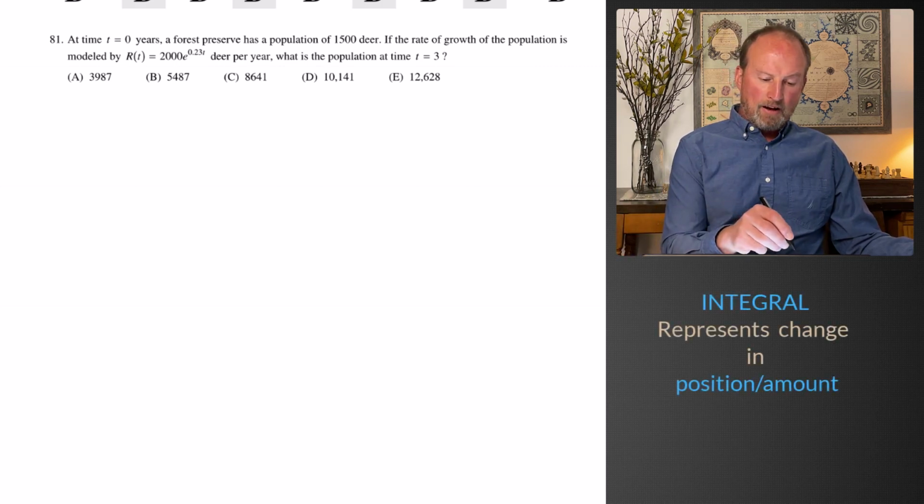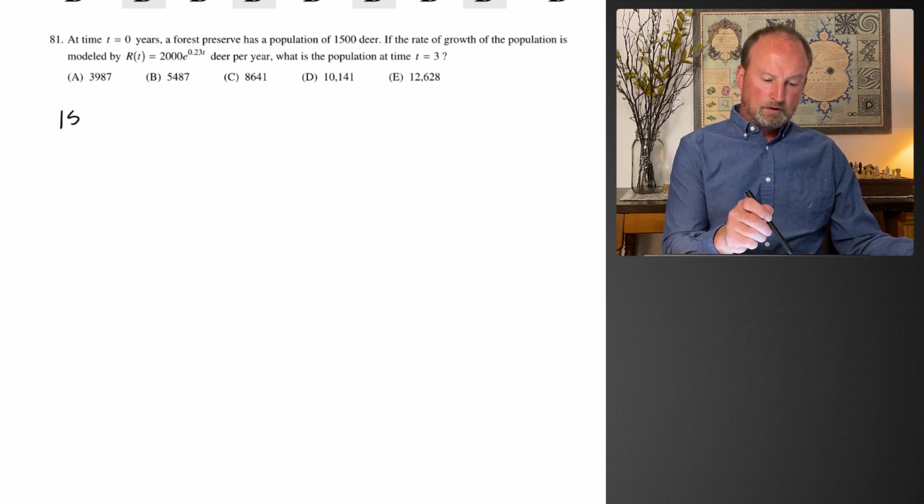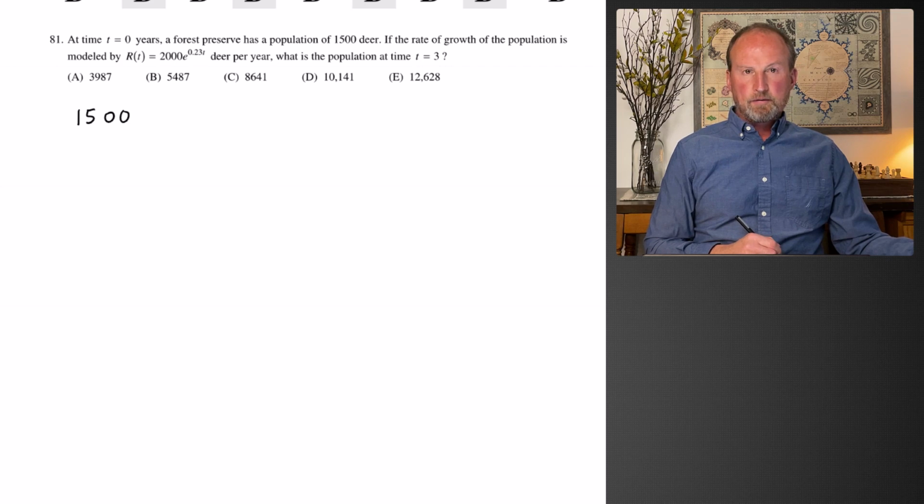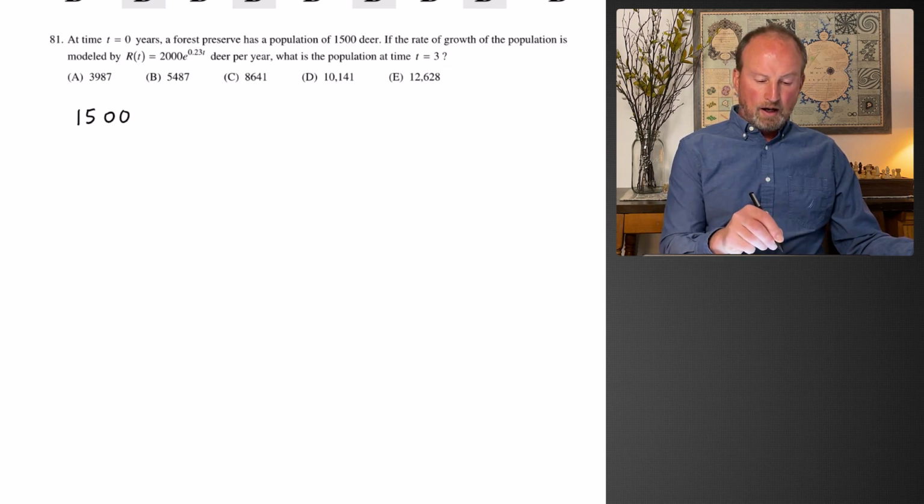However, I know an amount also at time equals 0. So I start off with 1,500 deer. To that, I'm going to add the amount of change from time equal what I know to time equal where I want to end up.